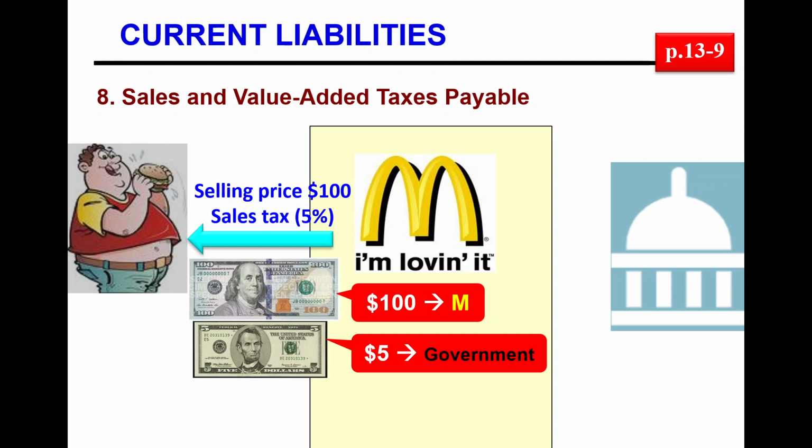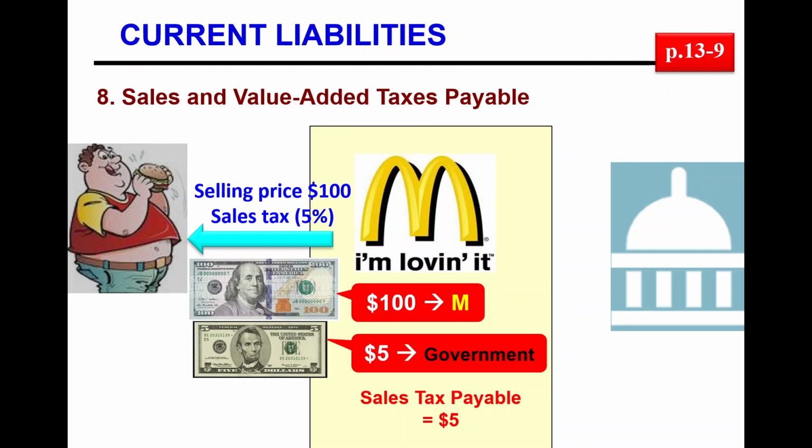So right now you are the company McDonald's. We talk about the $5. Before McDonald's pays it to the government, at this moment, the $5 is McDonald's current liability, right? So we call it sales tax payable. Why? Because McDonald's owes the $5 to whom? To the government.